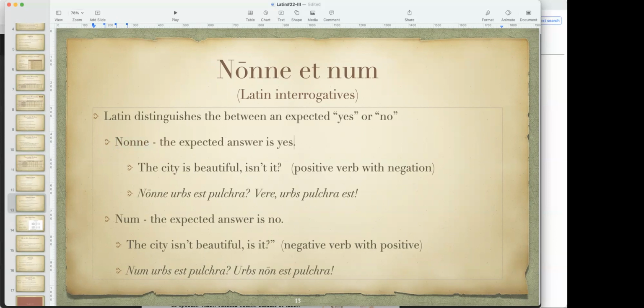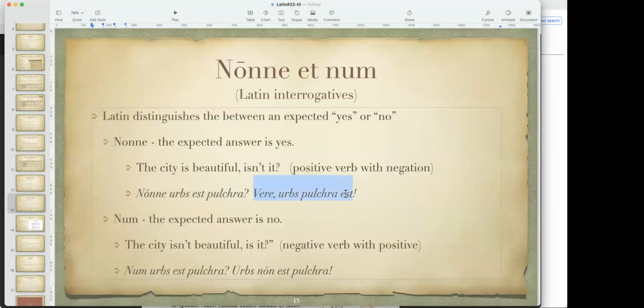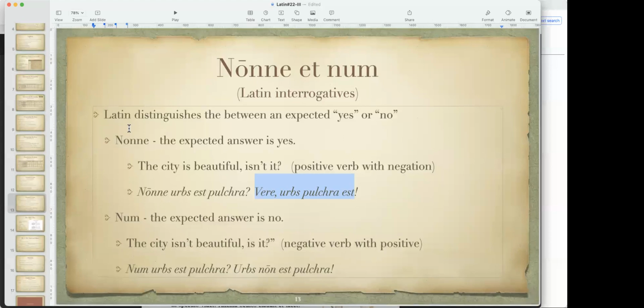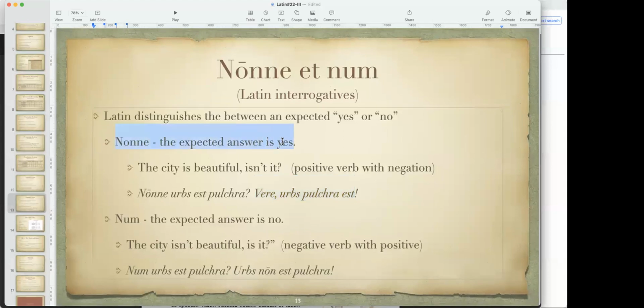Nonne urbs est pulchra. So you're asking, isn't the city beautiful? Meaning you expect a yes. Or surely the city is beautiful. So you would say, vere, truly, urbs pulchra est. So with nonne, you're expecting the answer is yes.